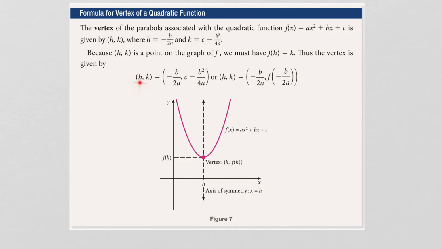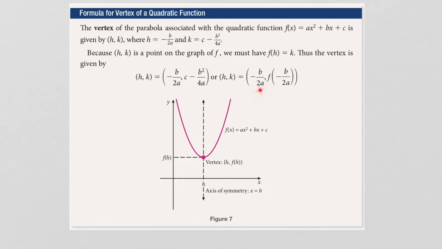So the x coordinate of the vertex, which we call h, is given by negative b over 2a, and the y coordinate of the vertex, which we call k, is given by c minus b squared over 4a. And another way to remember it is just know that you have to plug in negative b over 2a for x to find the y coordinate.